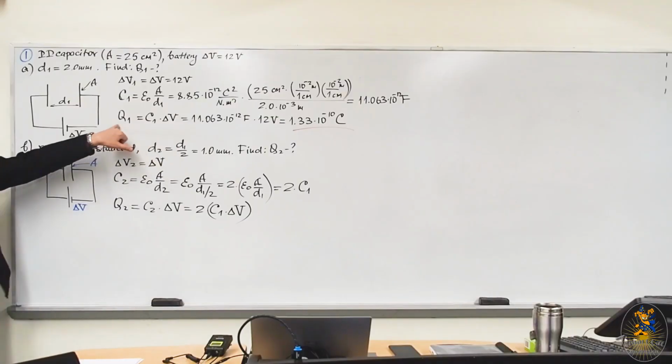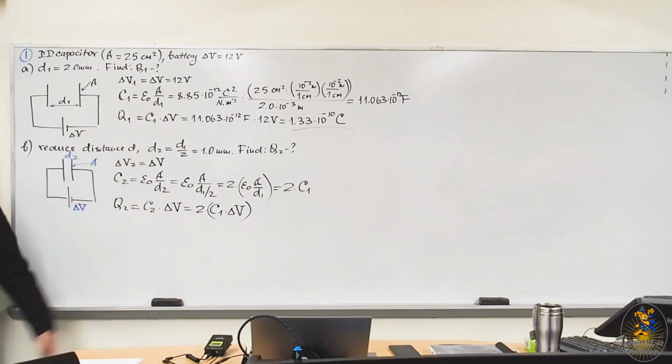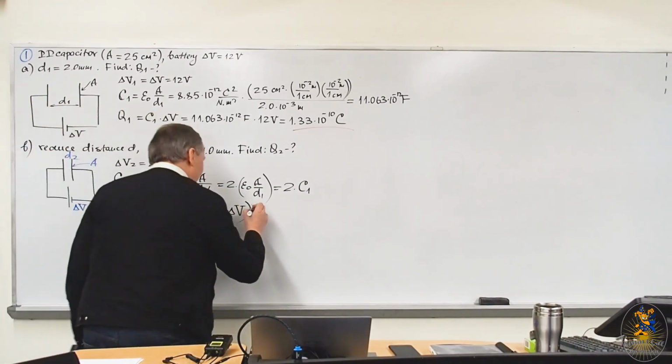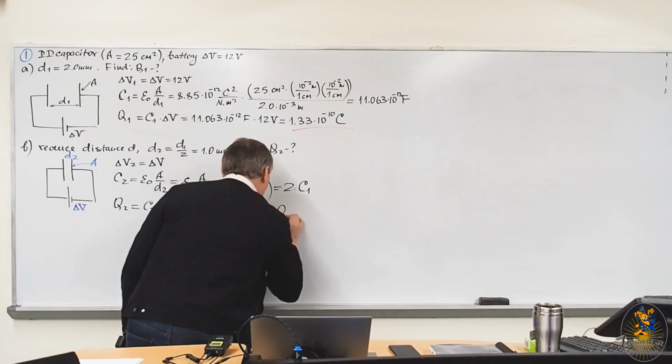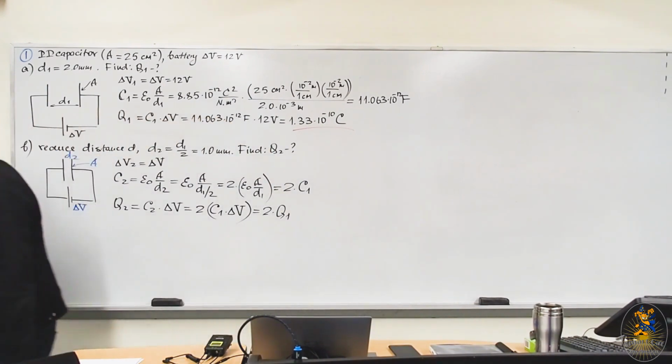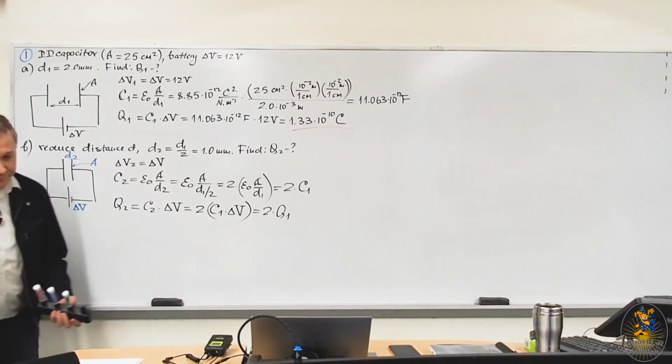C1 times delta V is the charge in the first part, in part A. You see, it's Q1. Again, if you calculate one more time, it's not bad, it's absolutely correct, but I want to recycle results. Now recycling is popular. All right. So 2 times Q1, right?